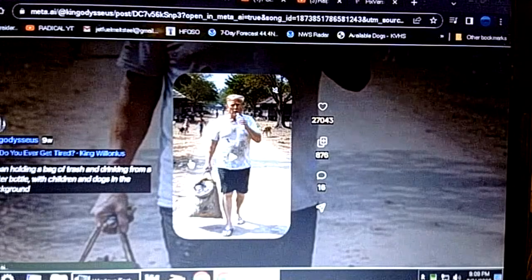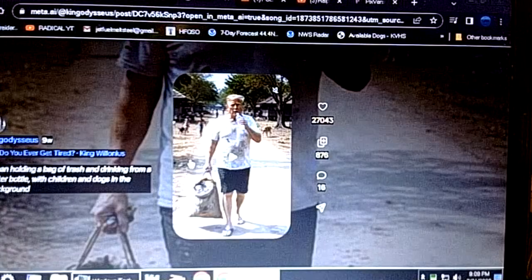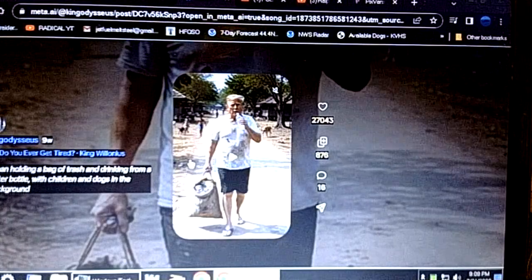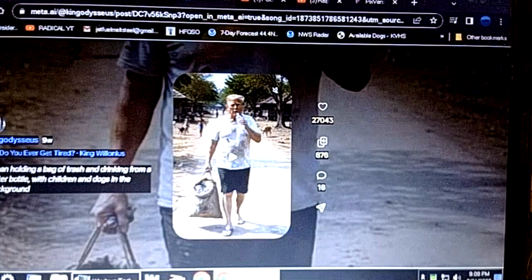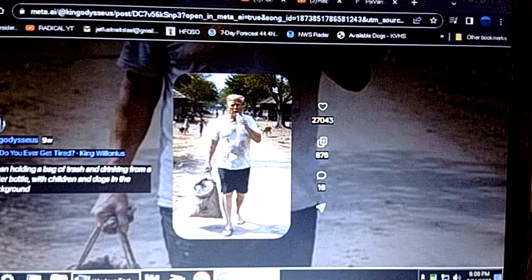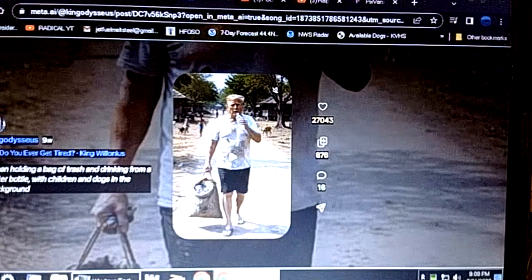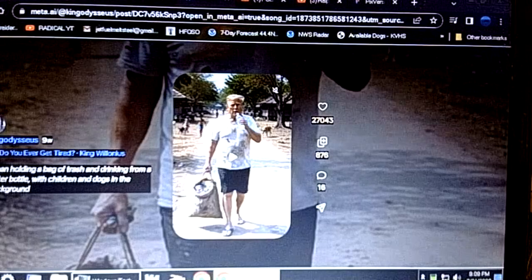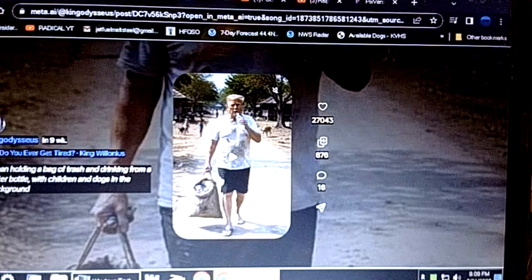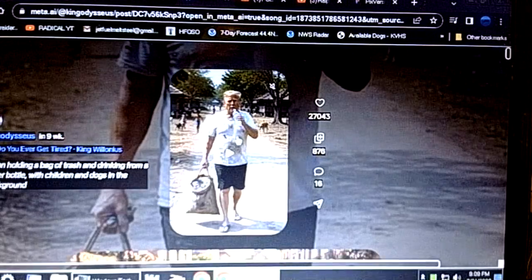Did you do this one? A man holding a bag of trash and drinking from a water bottle with children and dogs in the background. I don't know what this is, Leslie.